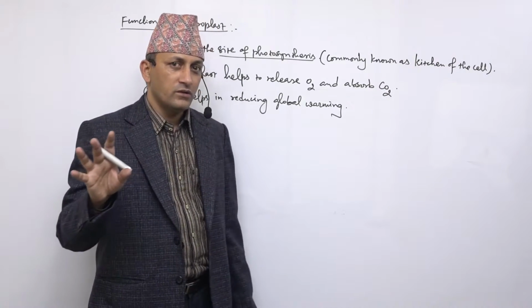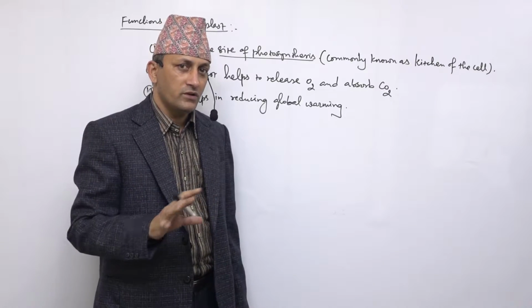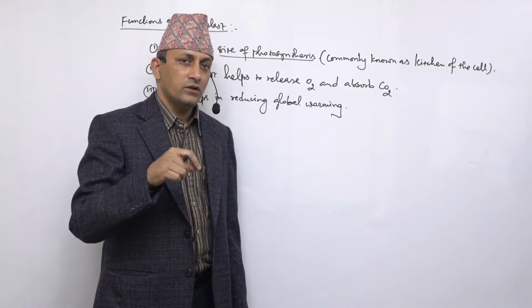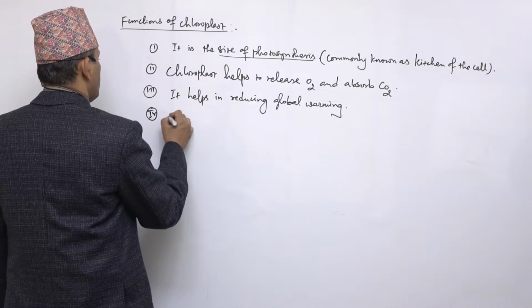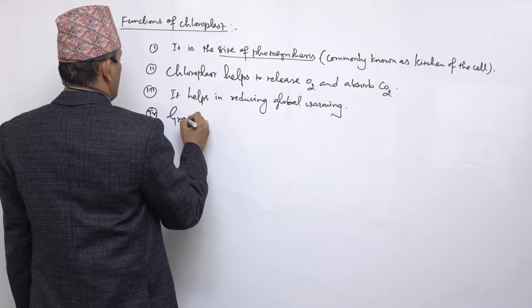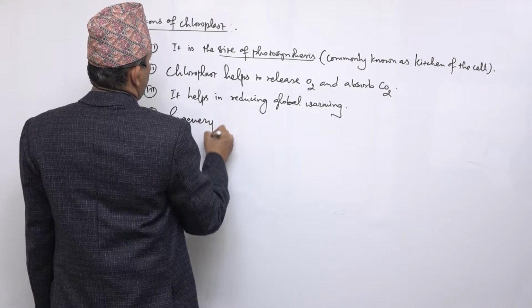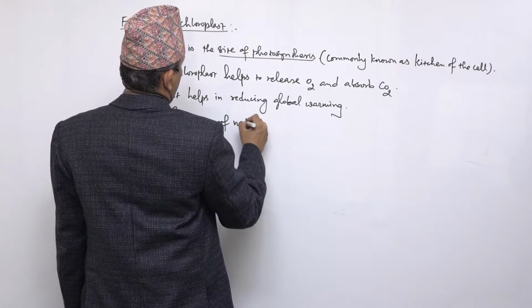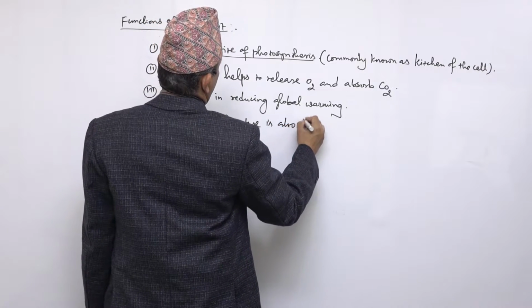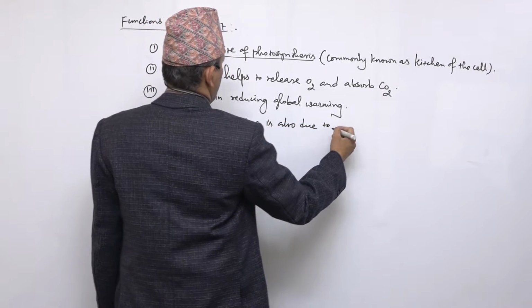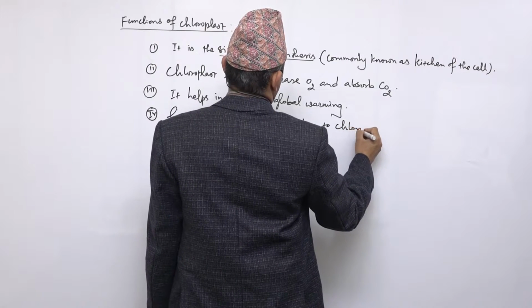That's why most of nature appears green. So the greenery of nature is also due to chloroplast.